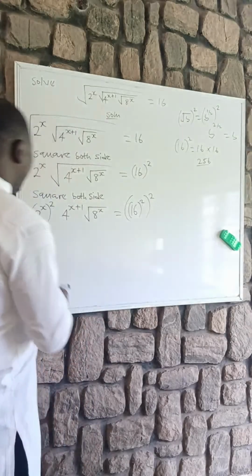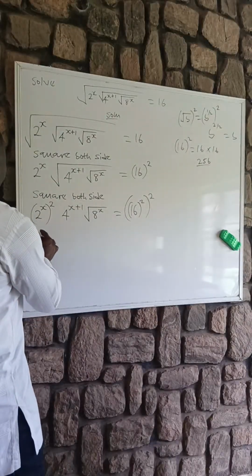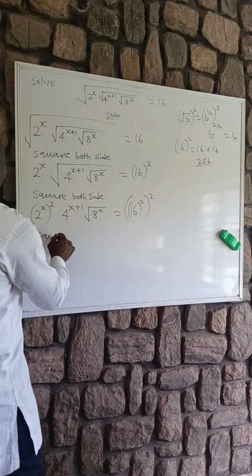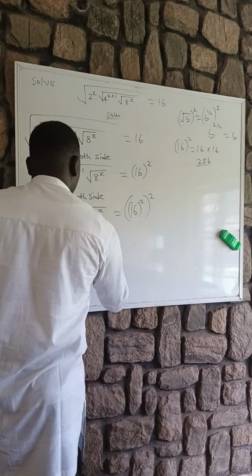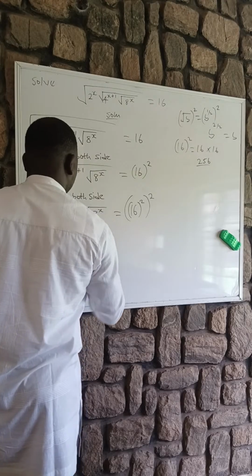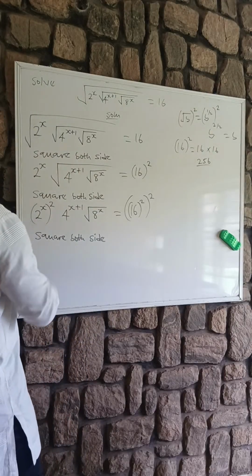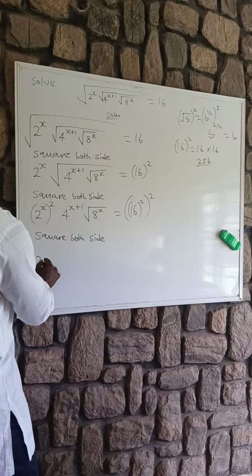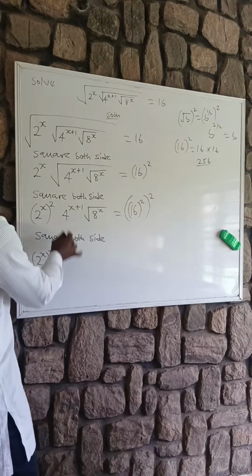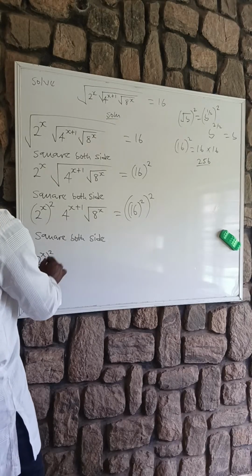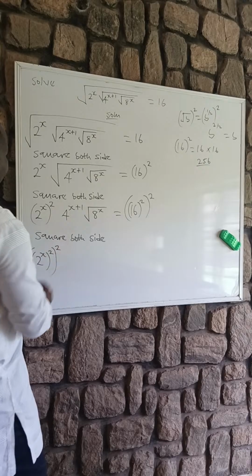So if we square both sides, this is what we are going to have: 2 raised to the power of x, all in bracket square. Already, it says square both sides again, so we are going to have another bracket, all in square.